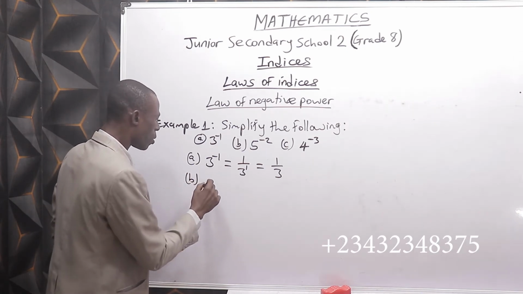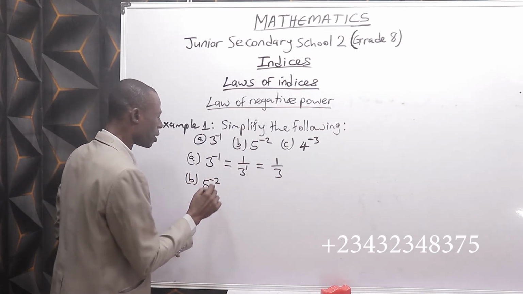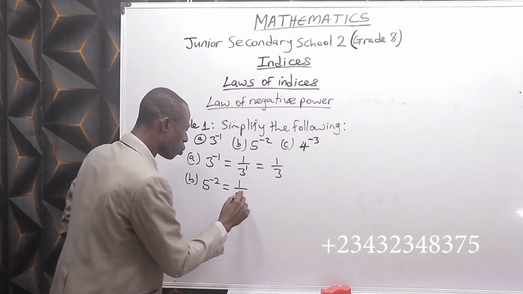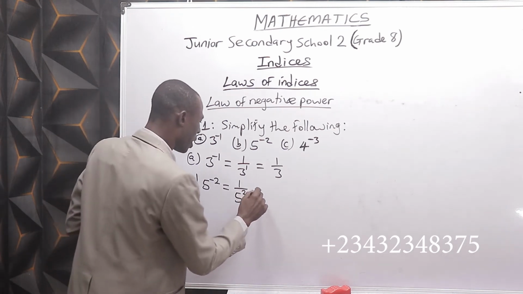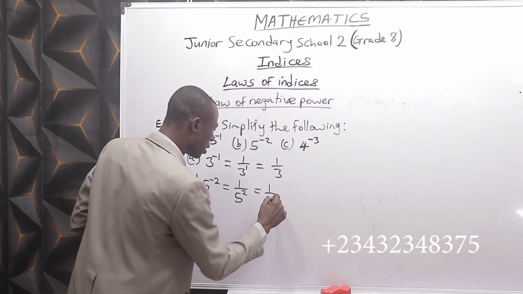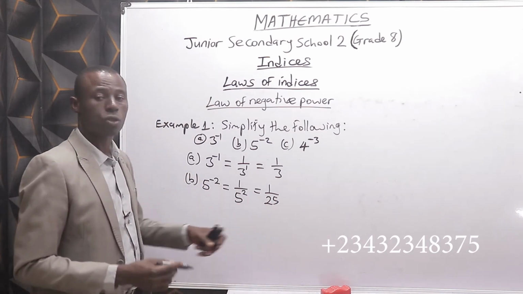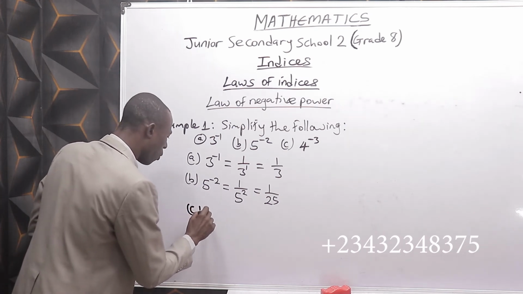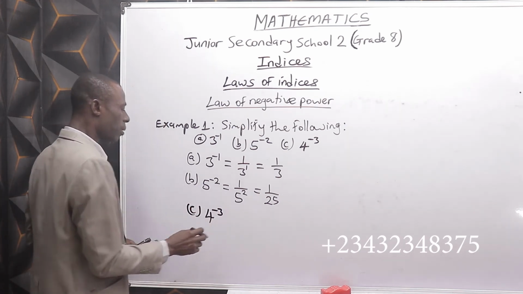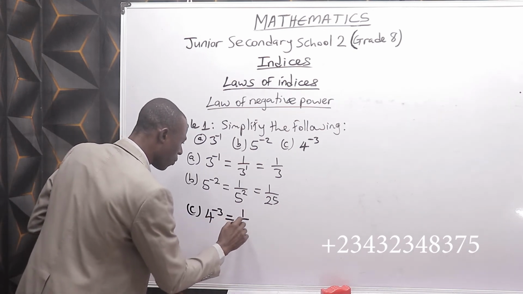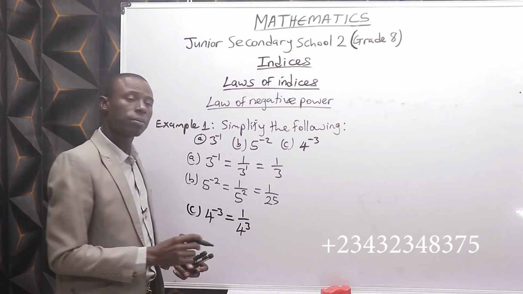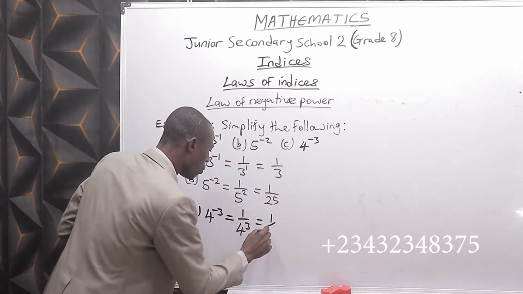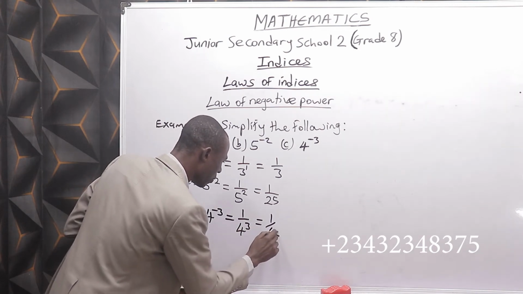Question B. 5 raised to power negative 2 is expressed as 1 over 5 raised to power 2, which finally will be 1 over 25, because 5 raised to power 2 is 25. Question C. 4 raised to power negative 3 is first expressed as 1 over 4 raised to power 3, in line with the principle, which finally will become 1 over 64, because 4 raised to power 3 is 64.